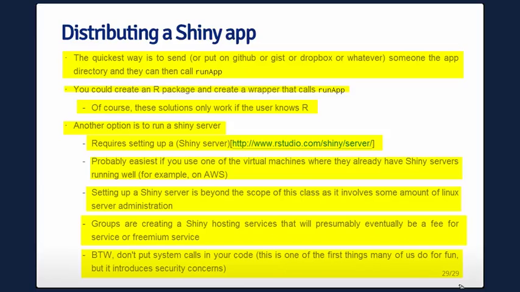Don't do that. So don't put system calls in your code. It introduces a lot of security concerns, and it's not really the intention. Shiny is really for deploying statistics apps, not for running generic server-side scripts with R as the intermediary. Of course, why would it? There's already things to do that.